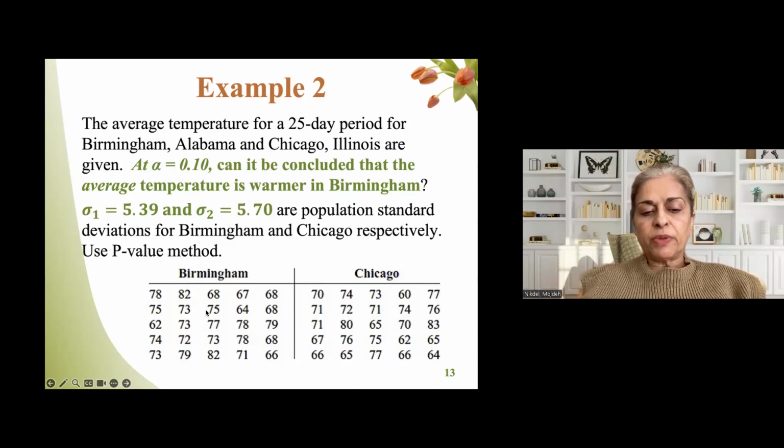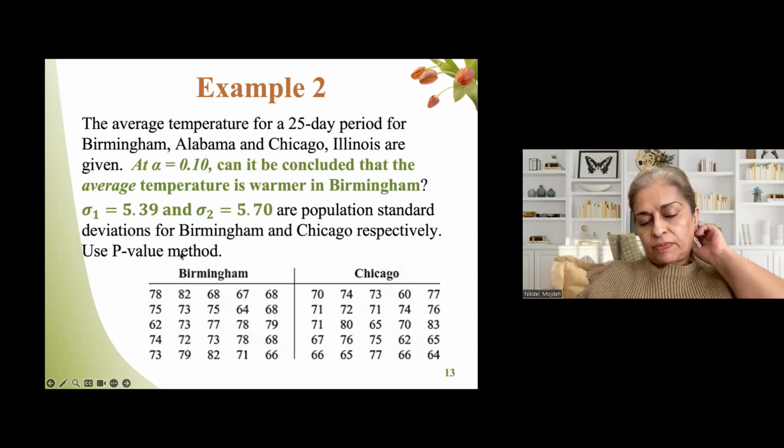At alpha equal to 0.10, can it be concluded that the average temperature is warmer in Birmingham? I have given you sigma 1 and sigma 2 for each group. These are population standard deviations. We want to use the p-value method.